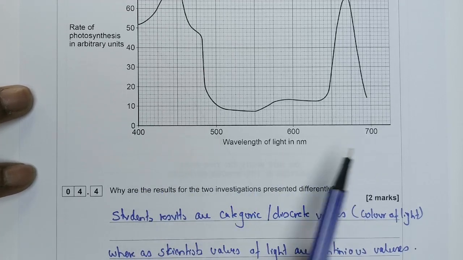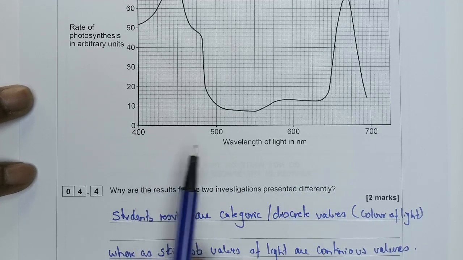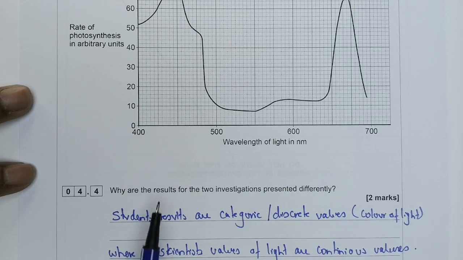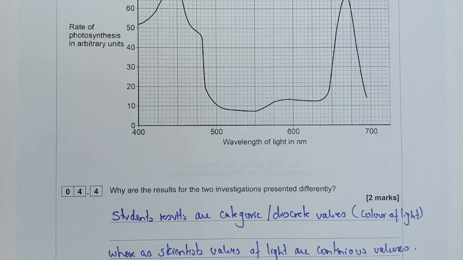So remember, the independent variable always goes on the x-axis. The scientist is using different wavelengths of light, and because these are numbers, this is what you call continuous data. Question 4.5.